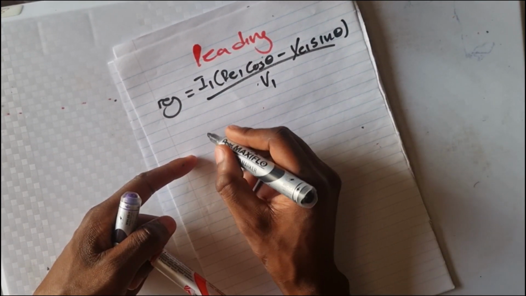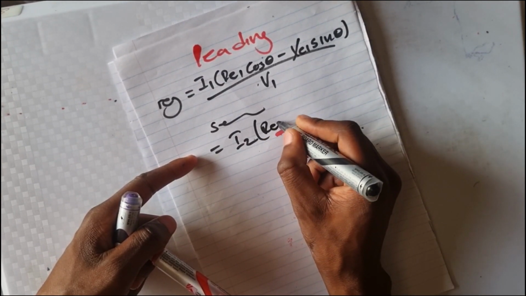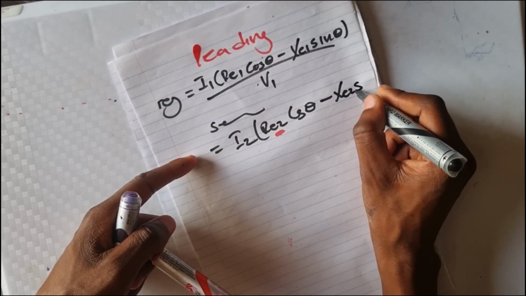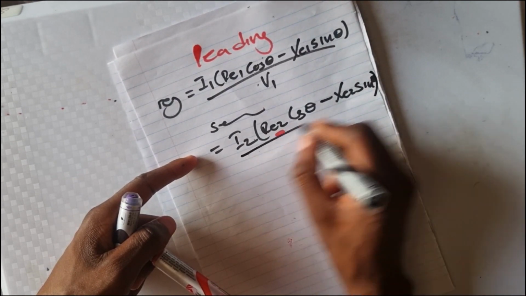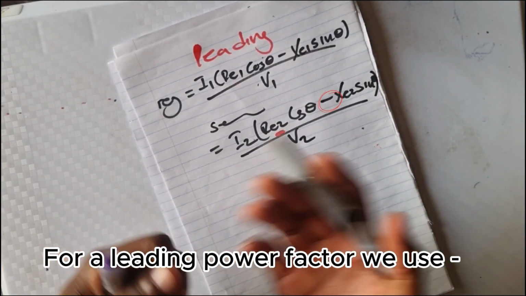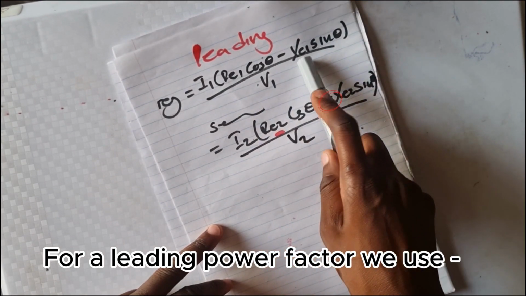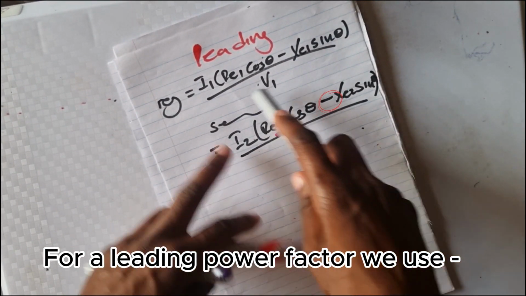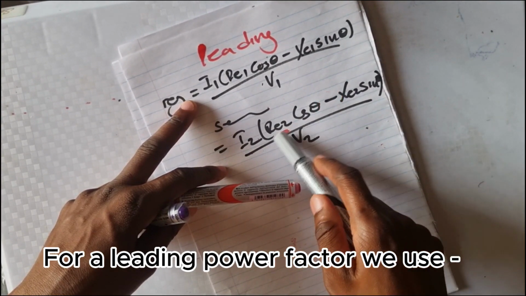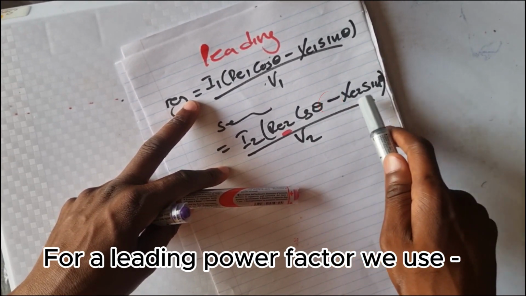And if we refer to the secondary, it's going to be I2 RE2 cos theta minus XE2 sin theta all over V2. This is the easiest formula that you can use to calculate the regulation. First you calculate RE1 and XE1, then I1 and V1. If you have referred to the secondary, then you use RE2 and XE2.